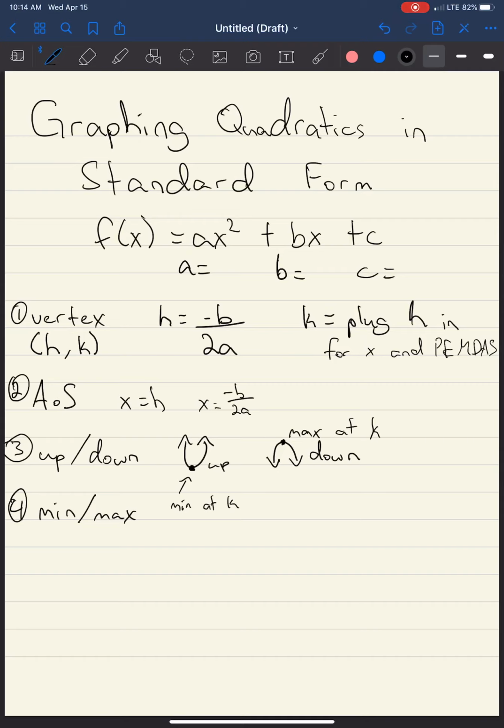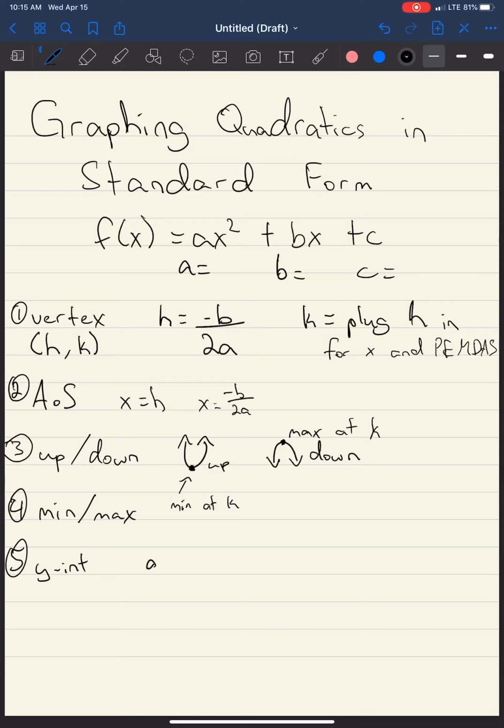Now the last two things are we're going to find the x-intercept and y-intercept. I'm going to start with the y-intercept because that is super simple. For the y-intercept, all we have to do is plug in zeros for our x's. In standard form, we have ax squared plus bx plus c. If I plug in zeros for the x's, anything times 0 is still 0.